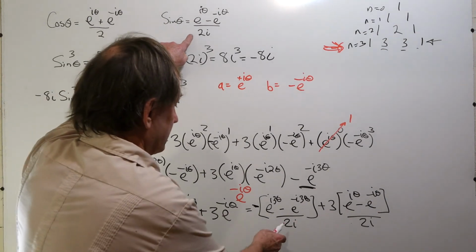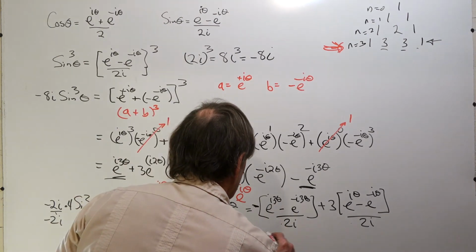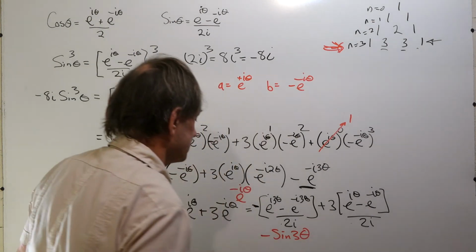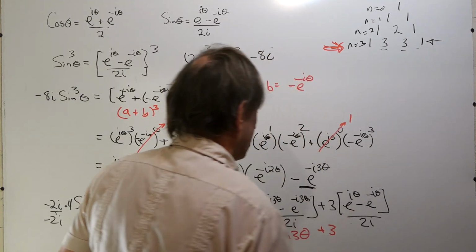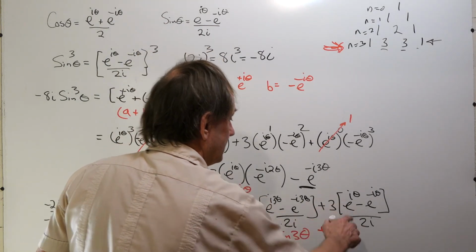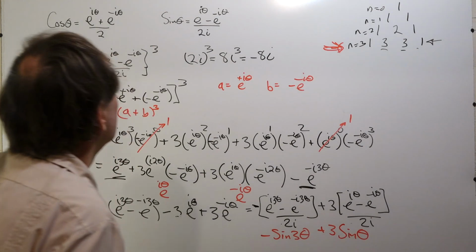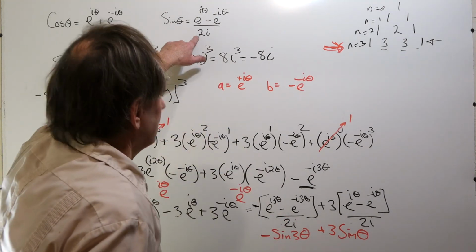Again, this is like a sine. This is sine of 3 theta minus sine 3 theta is this term, plus 3 times this, which is sine of theta. The sines have a 2i in the denominator.